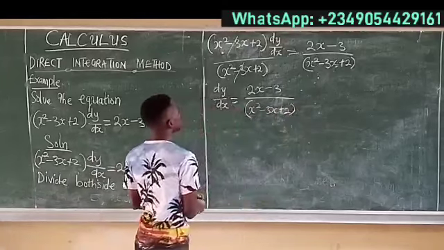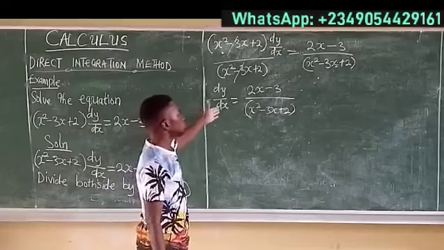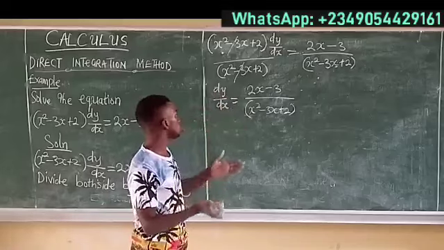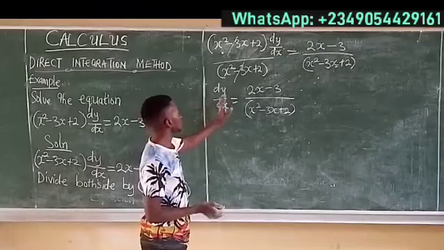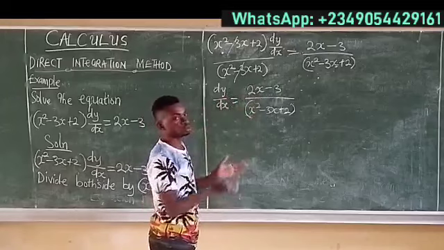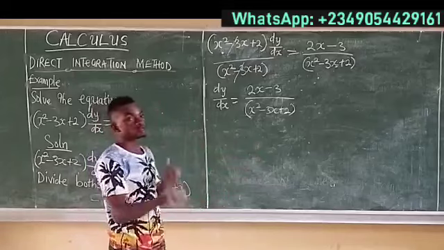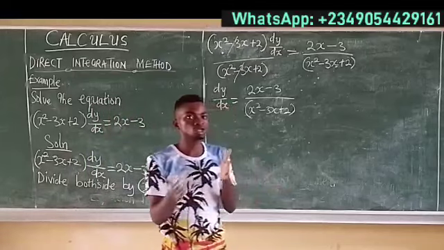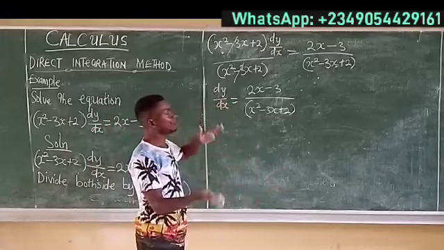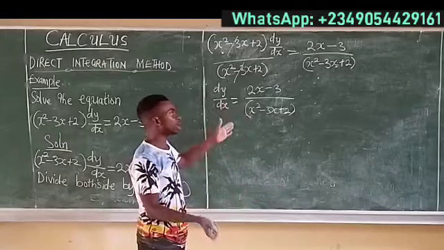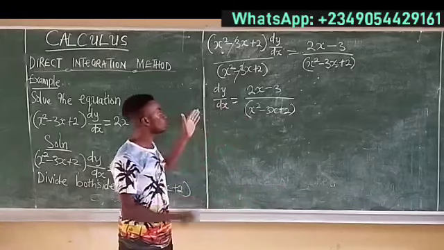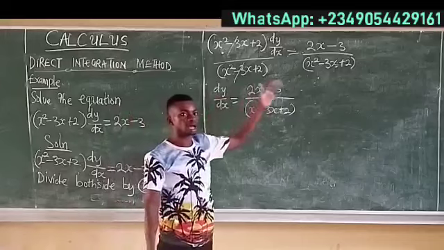Then once you have gotten this, we'll look for a way in which we can make all variables of x to be on one side and y on the other. When solving a differential equation, we should try to make the y on one side, while the x is on the other side.